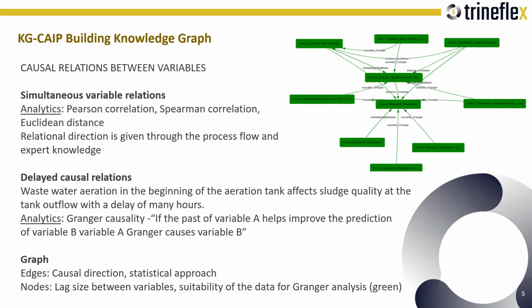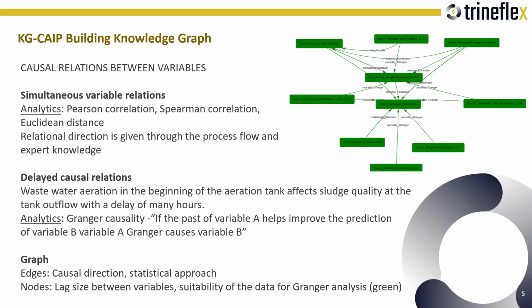So the graph that we retain has edges that give us the causal directions. In case of simultaneous variables, this is given by process expert and process flow information. And the edges also give us information about the statistical approach with which we have retained them.